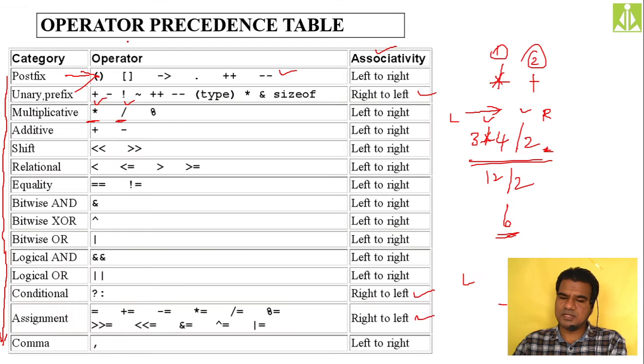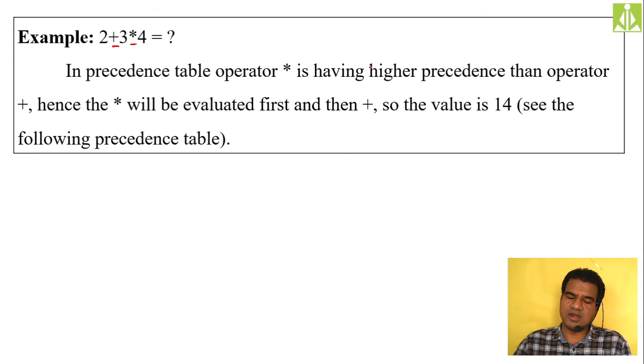If you check the precedence table, we come to know that the binary multiplication needs to be evaluated before the binary addition. So we evaluate 3 multiplied with 4, which is 12. Then 2 plus 12 you will get.